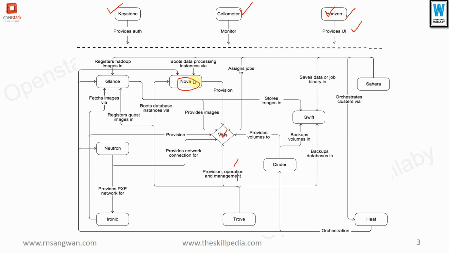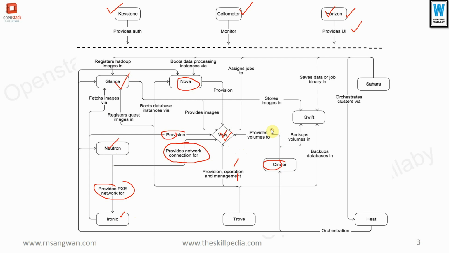Nova is your compute service. Glance handles the image service for your compute instances. Neutron is a networking service, virtual networking for your cloud. So Neutron provides virtual networks or network connections for your VM. Ironic provides PXE network provisioning for your virtual machine.